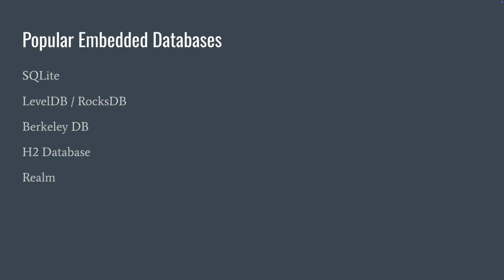So depending on your specific needs, one of these databases might fit better than the others. You want to look at factors like data model, is it relational or is it key value, performance requirements, and the language or platform you're using. They will heavily influence which embedded database solution you should choose.